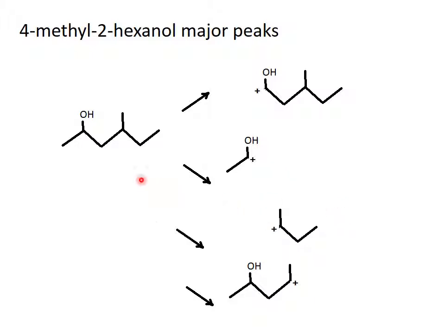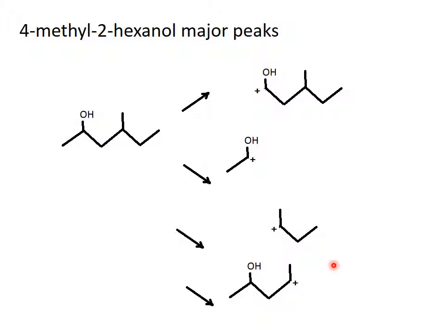What else could you possibly see? Well, you probably would see a peak for a cleavage here and for here, because in cleaving here, you can put a positive charge right here, which is secondary and not too bad. Cleaving here, you could put a positive charge here, and that wouldn't be too bad. These probably wouldn't be as big a peak as the alpha cleavage, but you could see these.